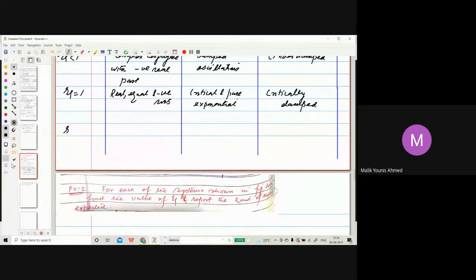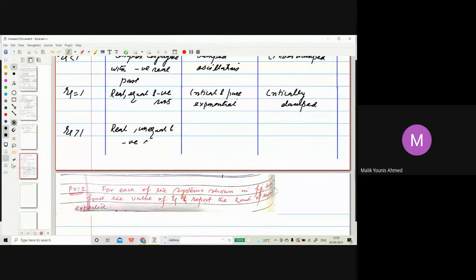So next is if xi is greater than 1. So we will have real, unequal, and negative roots. So types of closed loop poles are real, unequal, and negative.